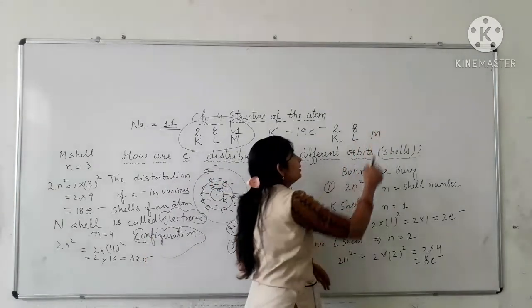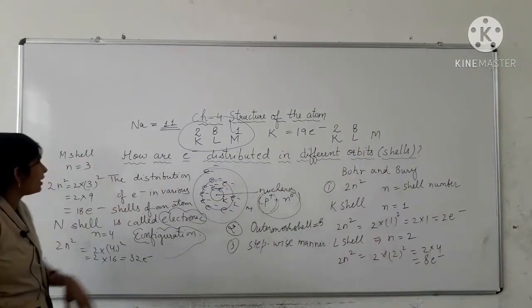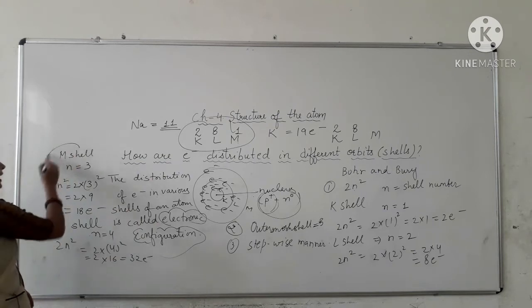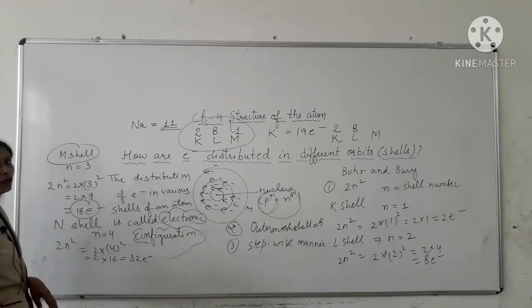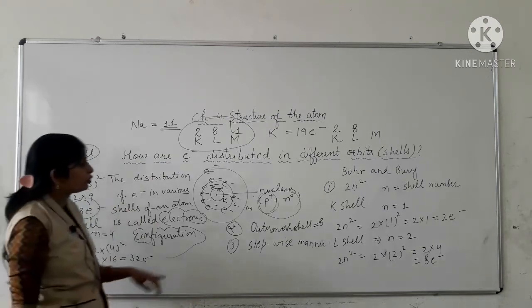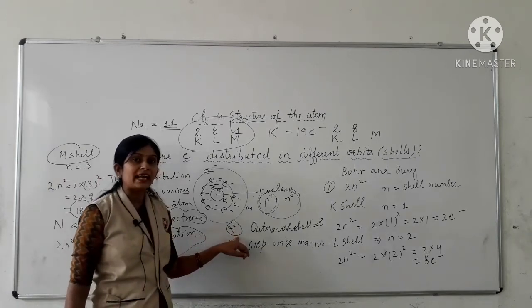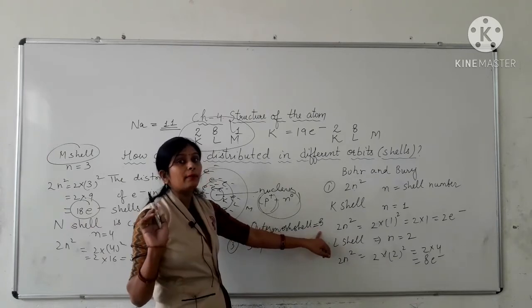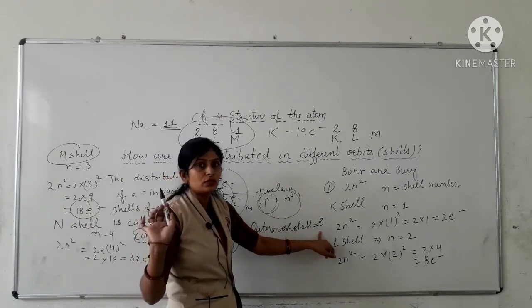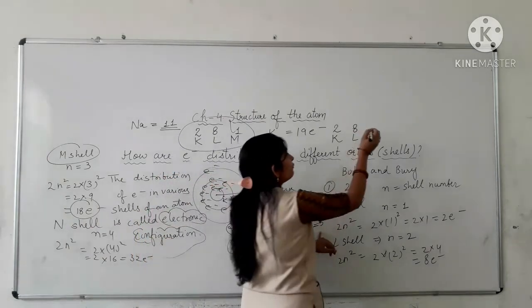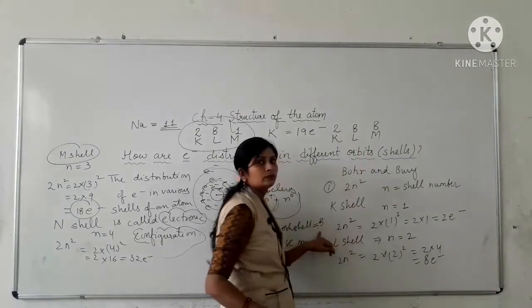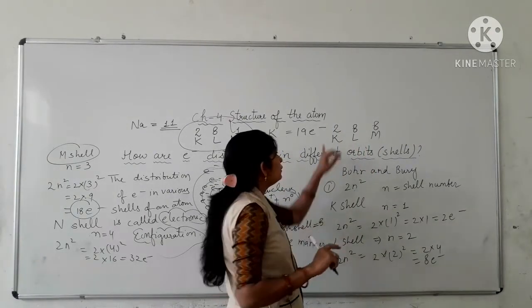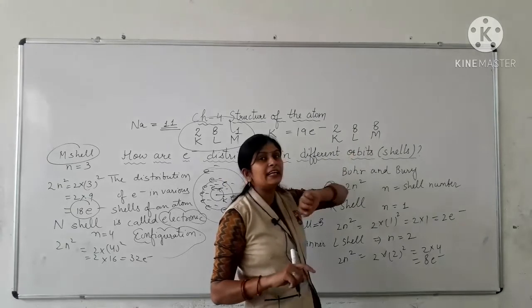Now M shell. According to the formula 2n square, M shell can have a maximum of 18 electrons. But according to the second rule, if it is the outermost shell, then it can accommodate only 8 electrons. So we have to fill it with 8 electrons. Now 2 plus 8 is 10, plus 8 is 18.